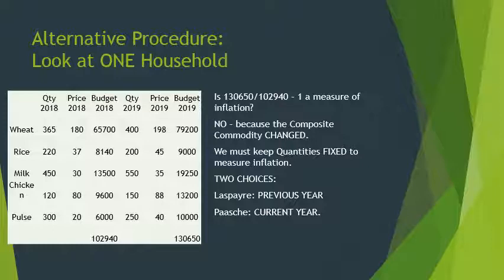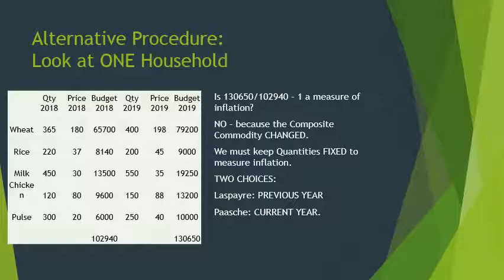So that allows us to compute the budget of the household. So this household spent 65,000 rupees on wheat, 8,000 on rice, 13,000 on milk, 9,000 on chicken, and 6,000 on pulse. So the total budget of the household was 102,940 rupees.